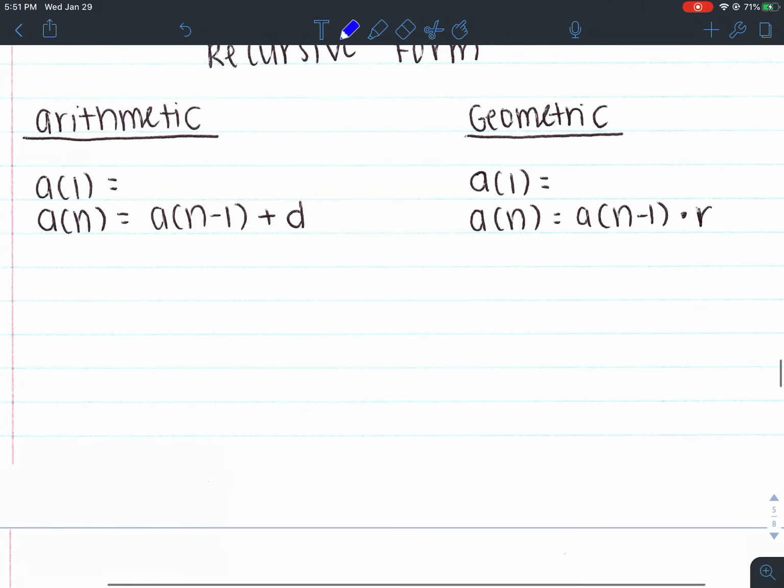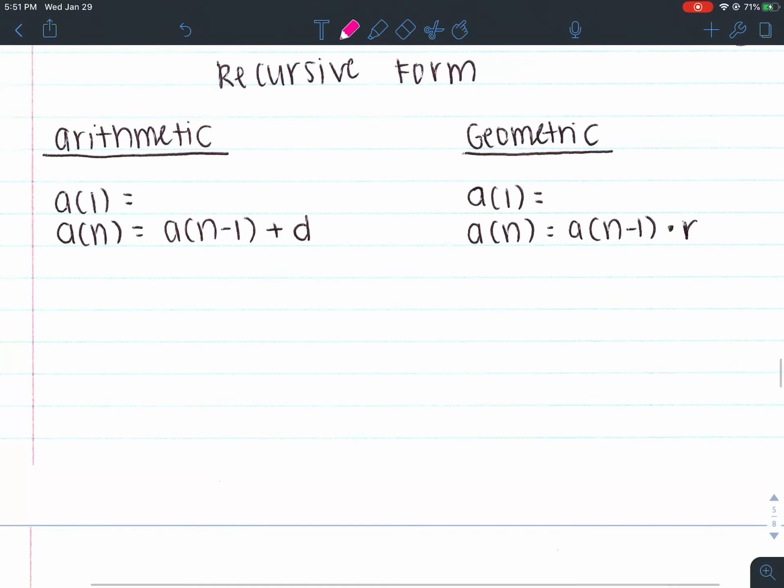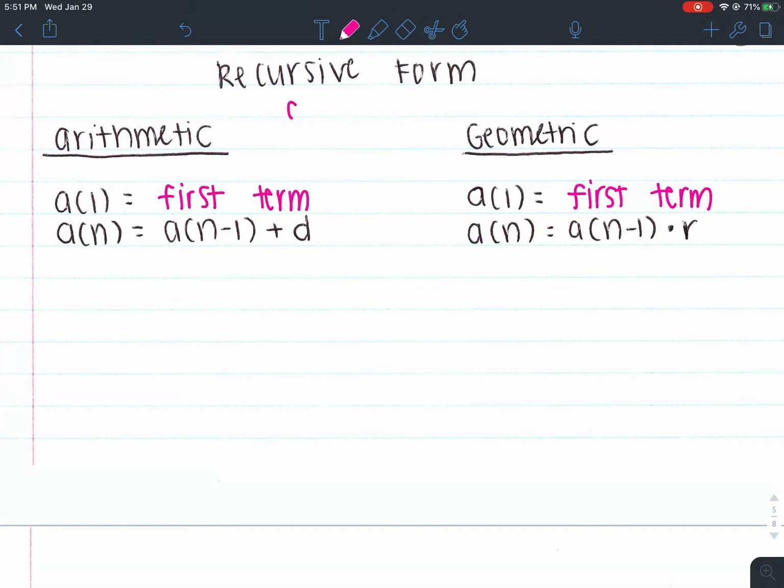Now I'm going to define some of these things so that we know what they mean. So the a of 1. Remember when we read with parentheses, like this is f of x, I would read this as a of 1. Well, a of 1 means the first term, and it means the first term in both sequences. So what do you think a of 3 might mean? This would mean the third term.